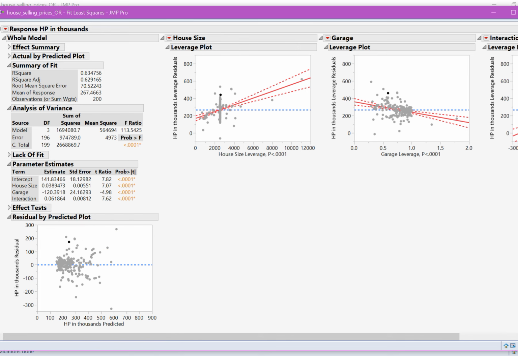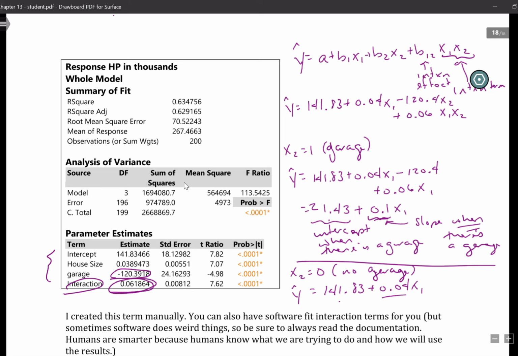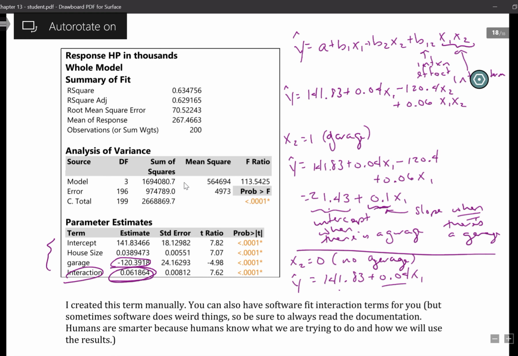If we go back here, I have the same results. These are all two-tailed tests, all testing the same kind of thing: beta 1 equal to 0 versus not, beta 2 equal to 0 versus not, beta 1,2 equal to 0 versus not.